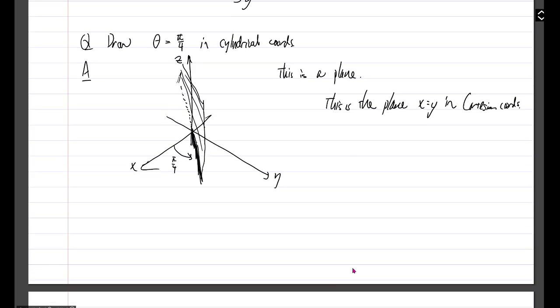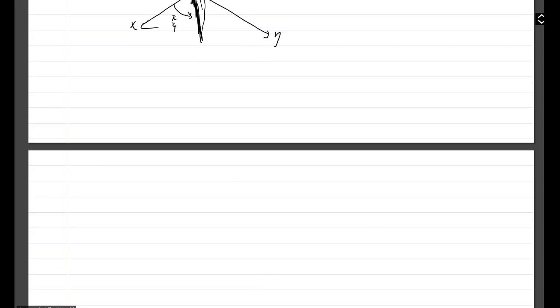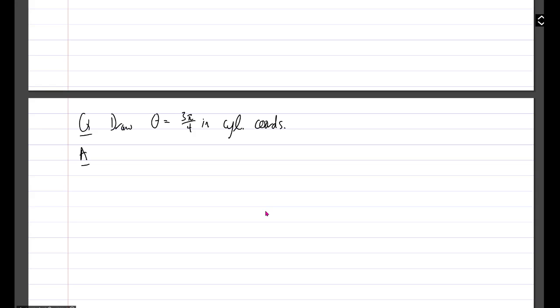Okay, let's try to make sure we understand what's happening by doing another. Let's draw theta is equal to 3 pi over 4 in cylindrical coordinates. Again, if we just said draw theta equals 3 pi over 4, it could have been confusing whether this should be in polar coordinates or cylindrical coordinates. If it were in polar coordinates, we'd only draw a 2D picture.